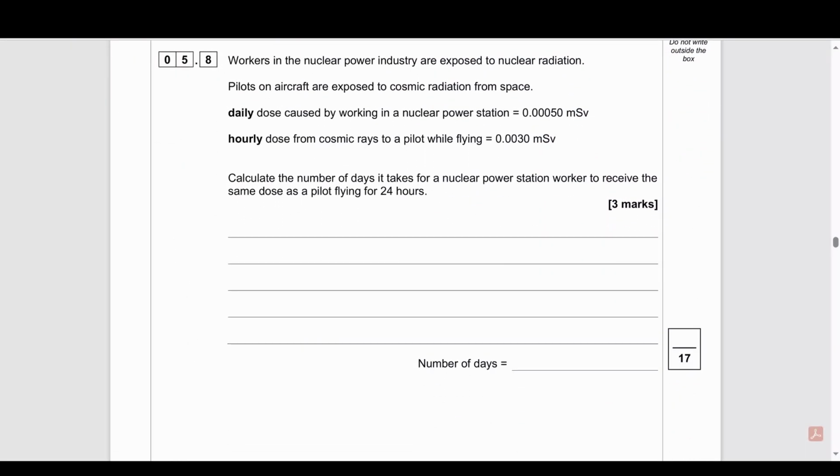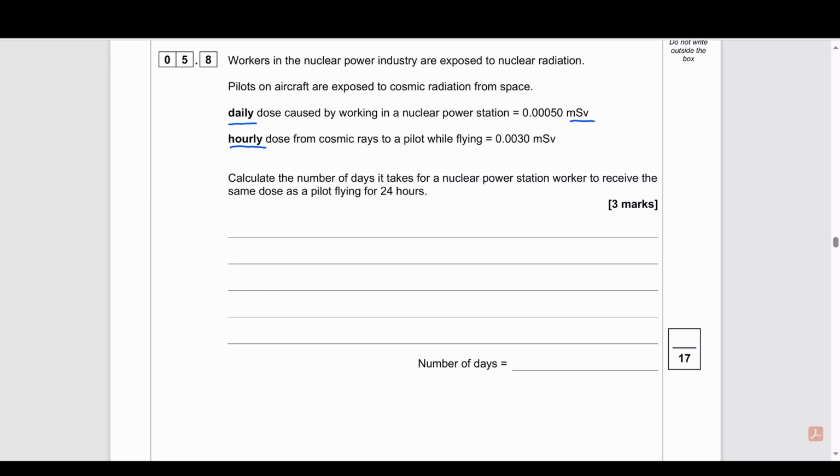Question 5.8. Workers in the nuclear power industry are exposed to nuclear radiation. Pilots on aircraft are exposed to cosmic radiation from space. The daily dose caused by working in a nuclear power station is 0.00050 millisieverts. The hourly dose from cosmic rays to a pilot when flying is 0.0030 millisieverts.